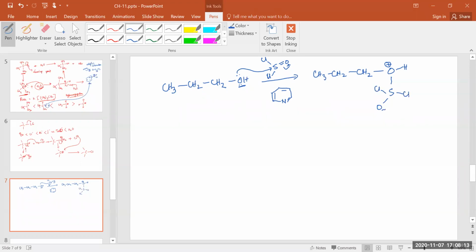Pyridine will take this proton, this will come back and this will leave.